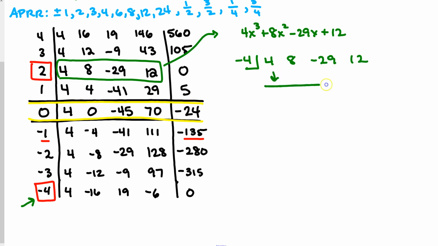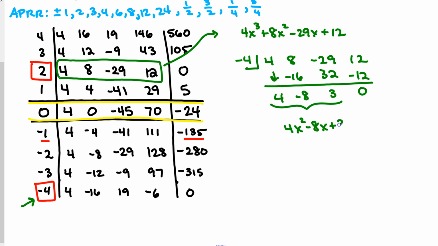I know it's going to go in evenly because we found that it was a root of our problem. So we just have to figure out what these numbers are. See, it went in evenly, we got a 0, and these numbers represent a quadratic, 4x squared minus 8x plus 3. So from there we can set it equal to 0 and find the remaining 2 roots.